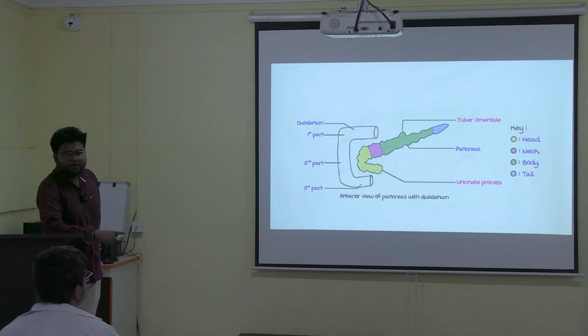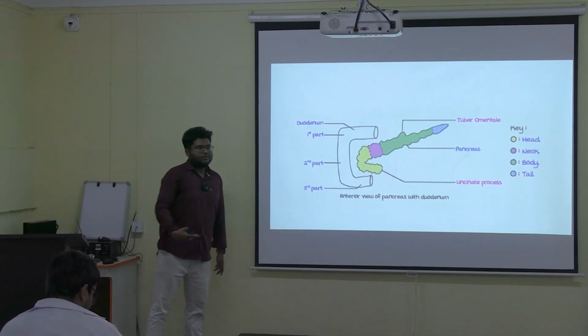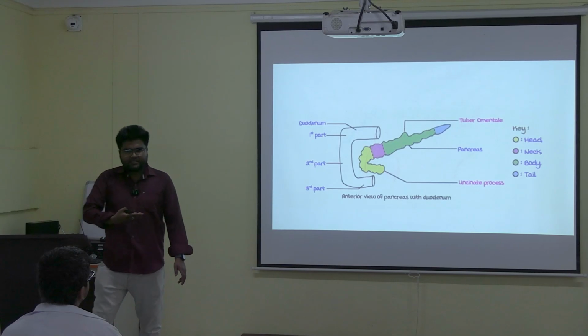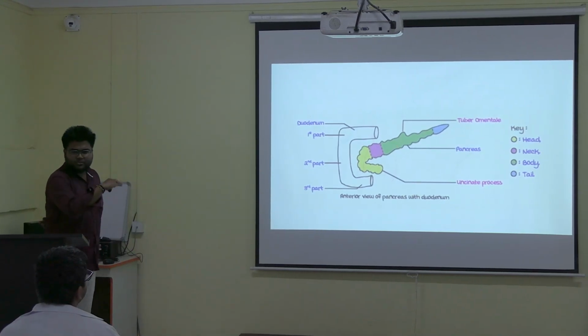In the body part, just imagine one line here. This is your anterior border, superior border and inferior border, and there are 3 surfaces also. If this is the 3-dimensional structure, below it one surface is present. This is called the inferior surface. So here are the inferior surface, anterior surface and posterior surface.